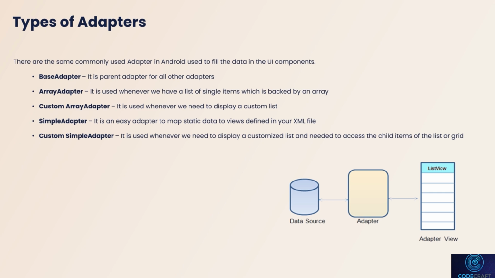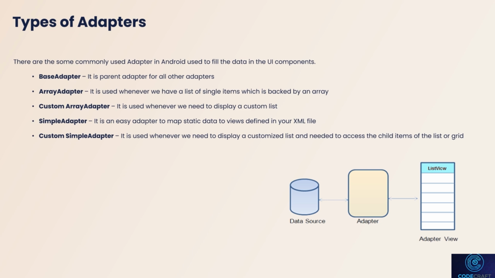Custom array adapter, it's used whenever we need to display a custom list. Simple adapter, it's an easy adapter to map static data to views defined in your XML file. Custom simple adapter, it's used whenever we need to display a customized list and need to access the child items of the list or grid.